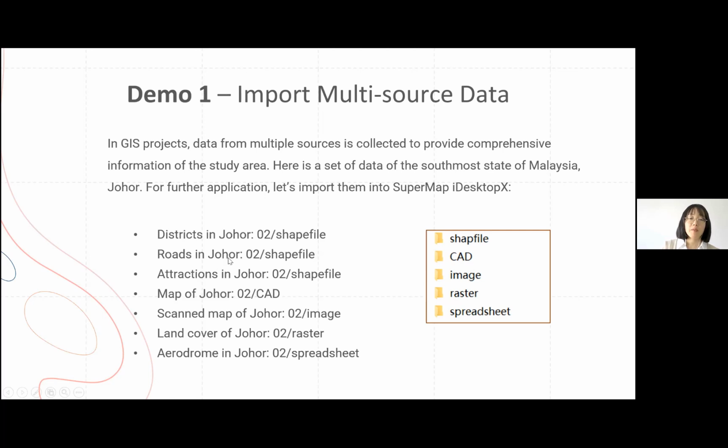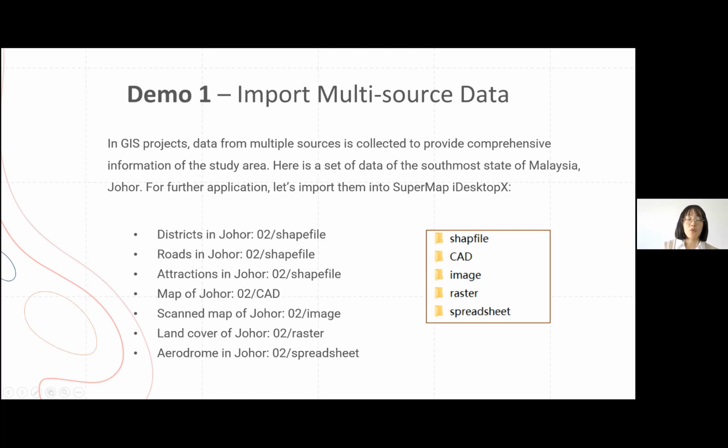We need to import them first, and then we also have found a map for the state in the format of CAD file. We can import it. Besides, we also have a scanned paper map of this area, and it is stored as an image.